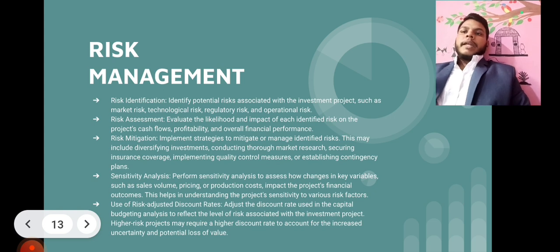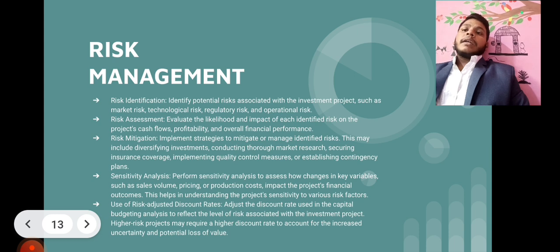Next, we would see risk management. Risk management involves identifying potential risks associated with the investment projects, such as market risk, technological risk, regulatory risk, and operational risk. Evaluating the likelihood and impact of each identified risk on the project cash flow, profitability, and overall financial performance. Then implement strategies to mitigate or manage identified risks.